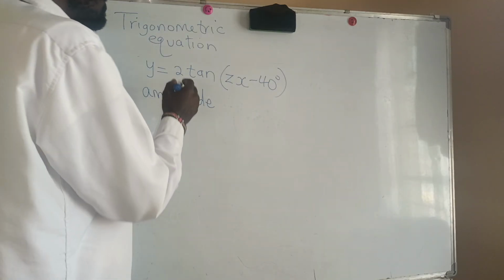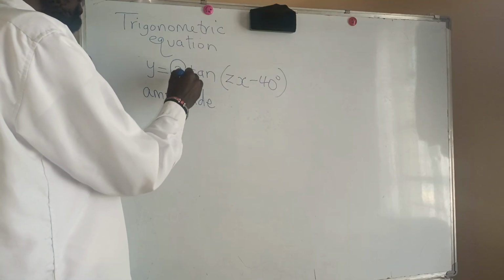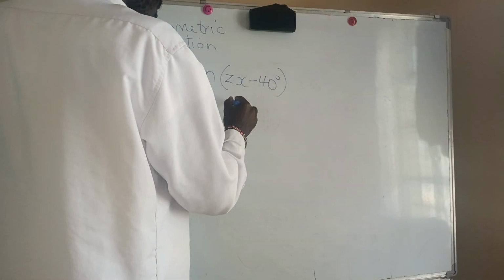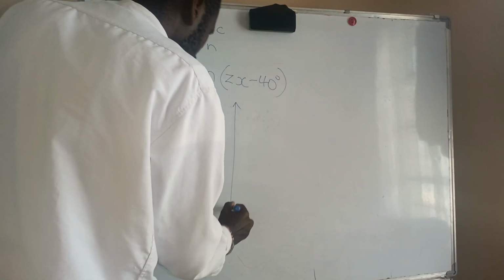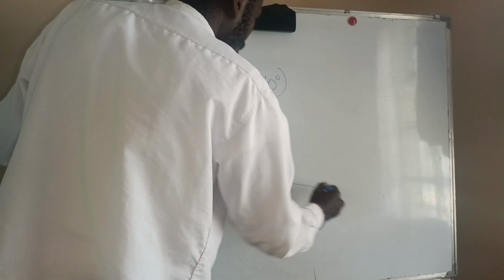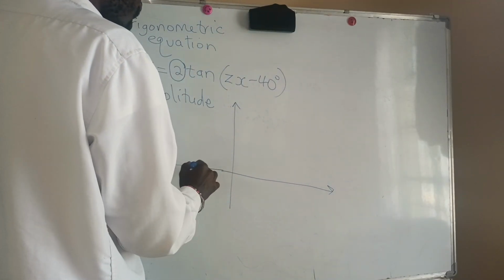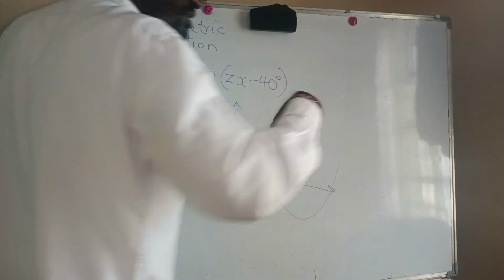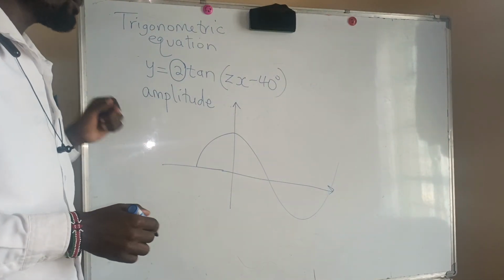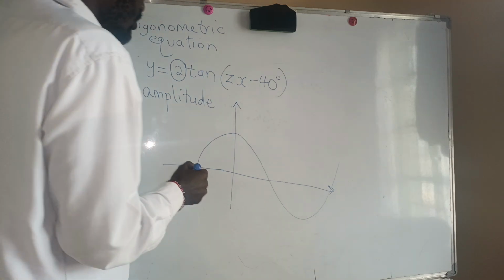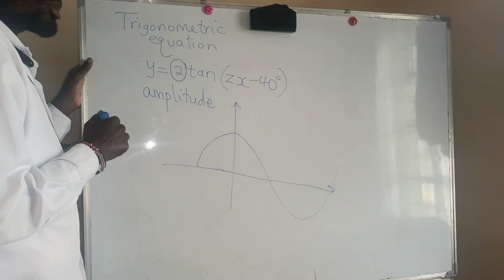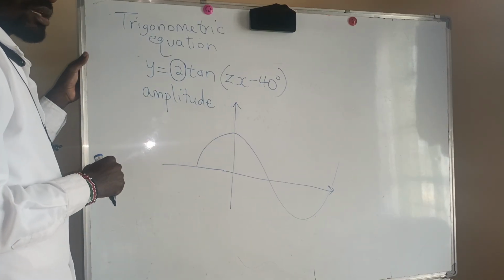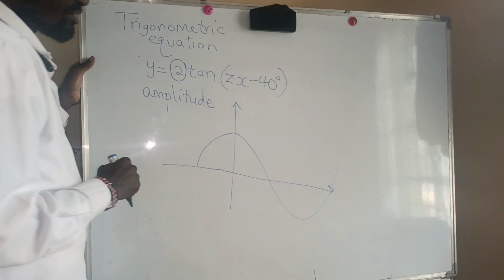For example, if I have this as my sketch, and this is the curve I have been able to get, just take that as an example. And you've been told to get the amplitude. You can get the amplitude from the trigonometric equation or from the curve you've drawn on the Cartesian plane provided.